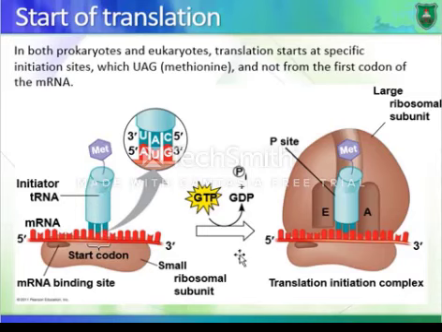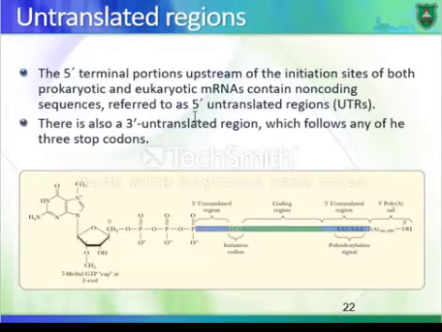Of course, we need energy during translation. We'll talk about the energy consumption during the translation process. I want you to remember we talked in the transcription lecture about the untranslated regions in the messenger RNA. We have the 5' untranslated region and the 3' untranslated region. The 5' untranslated region is found upstream of the initiation site in both prokaryotes and eukaryotes and contains non-coding RNA.